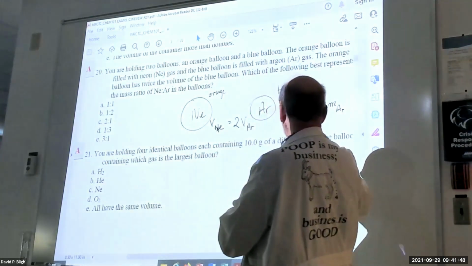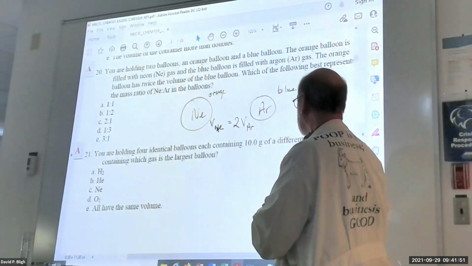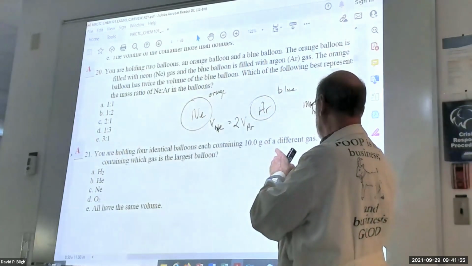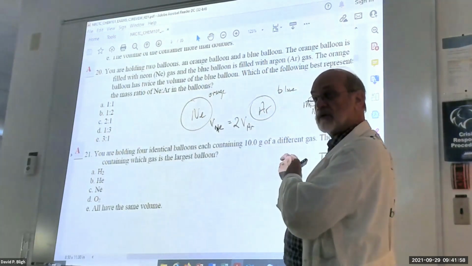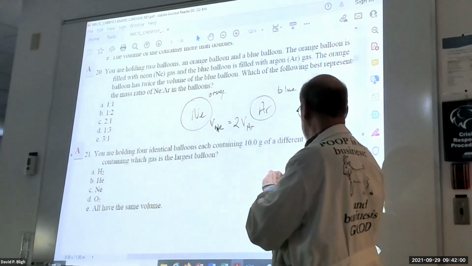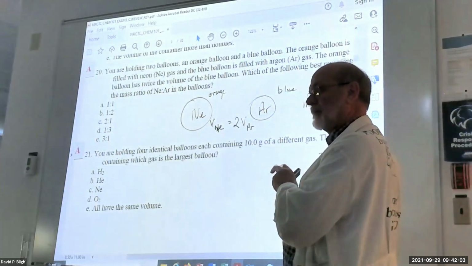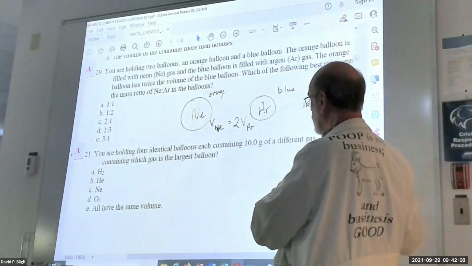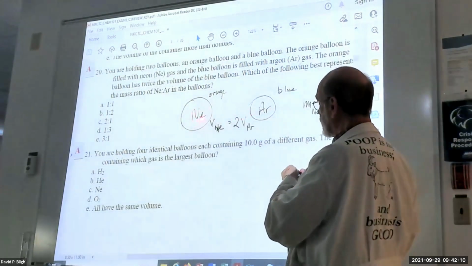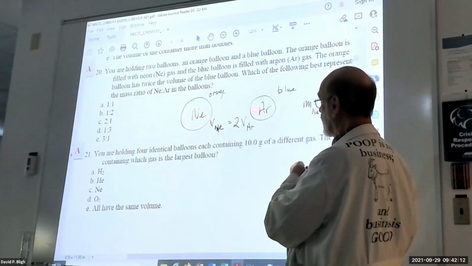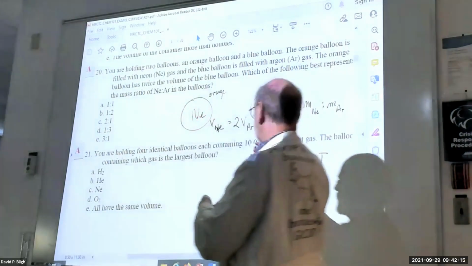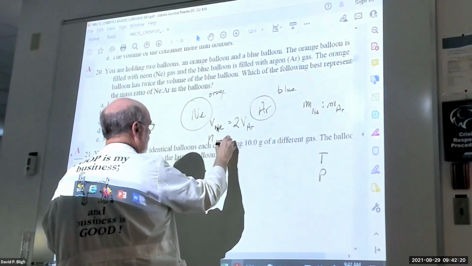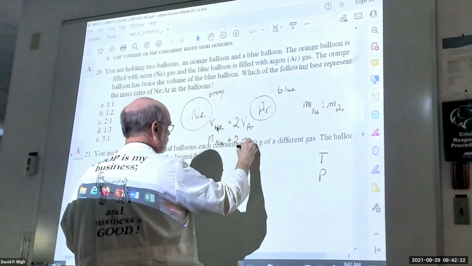So we assume temperature and pressure are constant, and the volumes are different, so the moles are different too. We're talking about a relationship of volume and moles. If you've got twice the volume here, you've got twice the moles. So the moles of neon are twice the moles of argon.